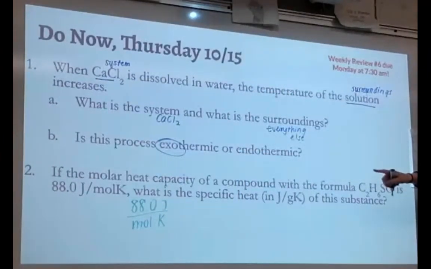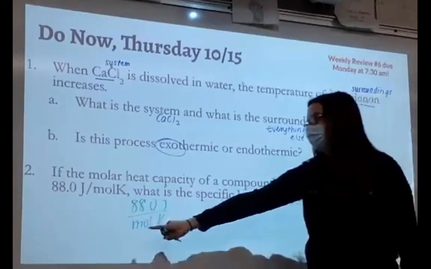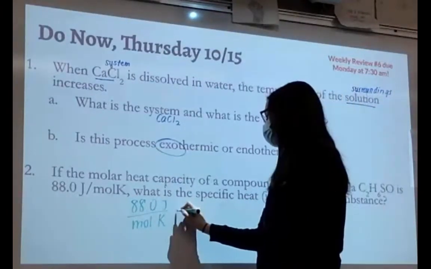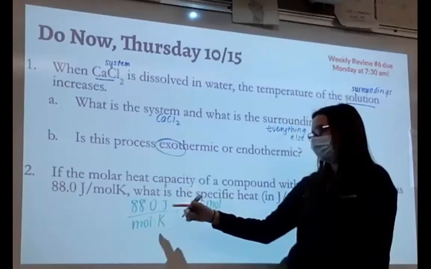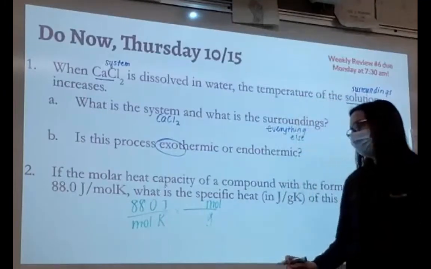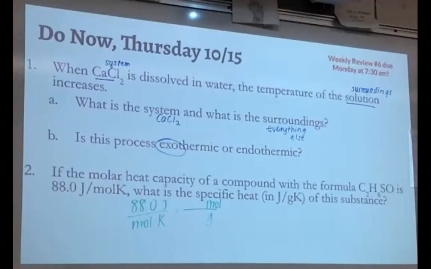And I want to convert that mole part to grams. So I want to cancel out moles, so I'm going to put it on the top so that it cancels, and I want to put grams in its place. So if we look at our periodic table, carbon is 12.01 plus 6 times 1.008 plus 32.06 plus 16.